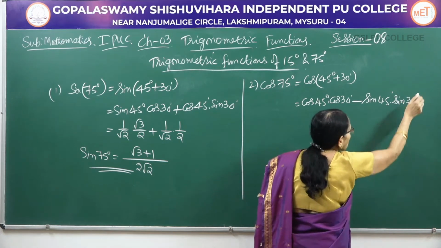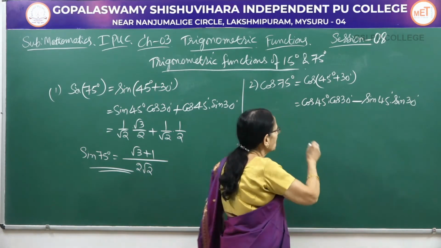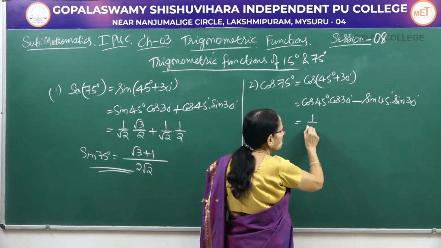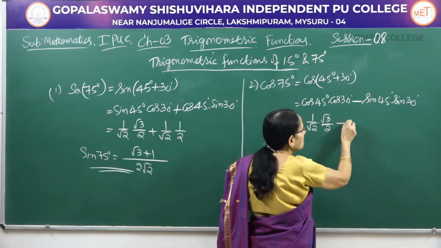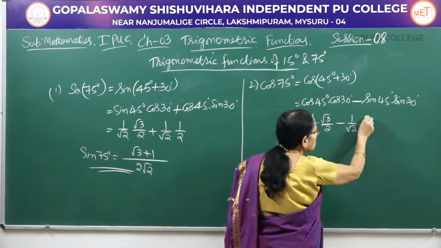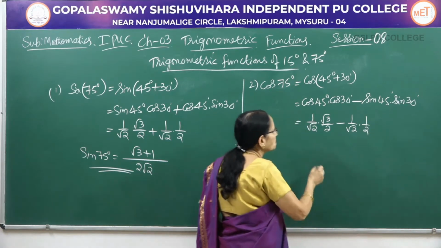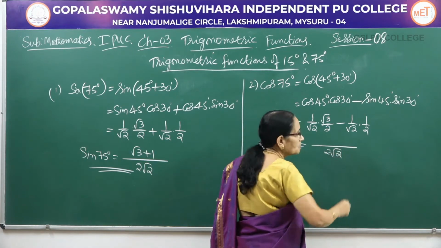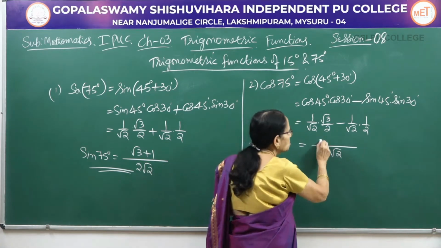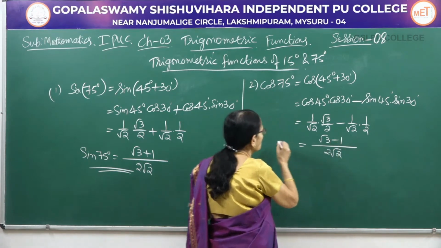So be careful when you memorise the formula. Again, all of them are standard values: 1 by root 2 into root 3 by 2, minus 1 by root 2 into 1 by 2. In this case also 2 root 2 is the common denominator, which is the LCM, so directly you can write the numerator.